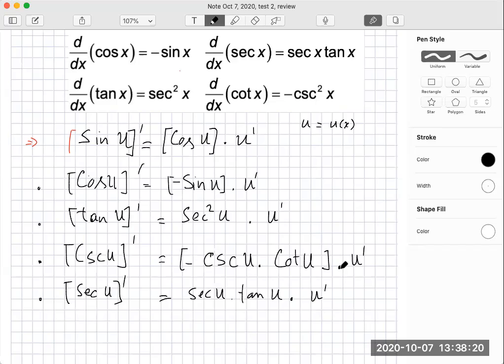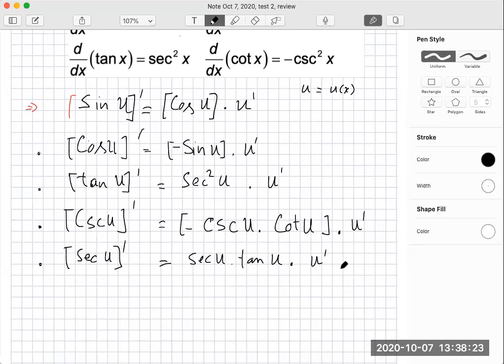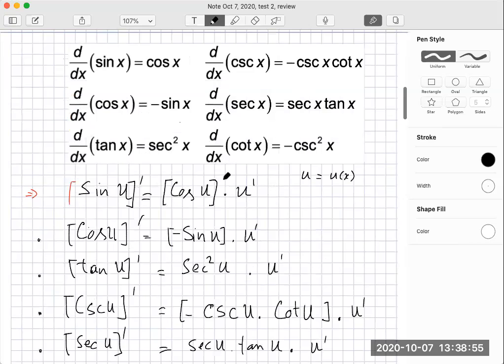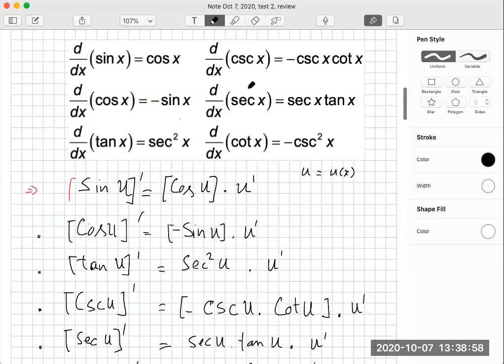Very good. So we have all these. One more. The derivative of cotangent of u will be, yes. Okay. Very good. You can prove these formulas, the derivatives of cotangent, cosecant, and so on, by using the function rules. Not difficult, okay?